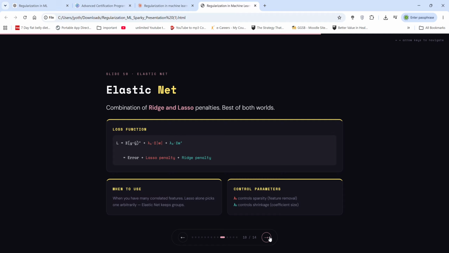Lasso removes the factor. What factor? It removes the correlated features. And what are the control parameters we have? Control parameters we have are lambda, as well as lambda 1 and lambda 2. Lambda 1 is used for feature selection, and lambda 2 we use for shrinkage of the coefficient.